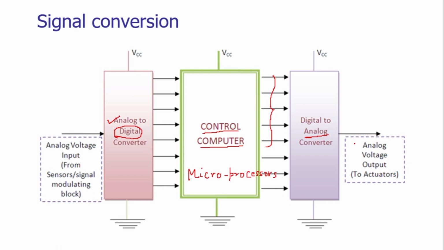It may be electrical drives or pneumatic drives or hydraulic drives. Therefore, it is very essential for us to understand the fundamentals of the analog to digital converter and the digital to analog converter. So in this lecture, we will be studying some of the basic concepts of the signal conversion devices.